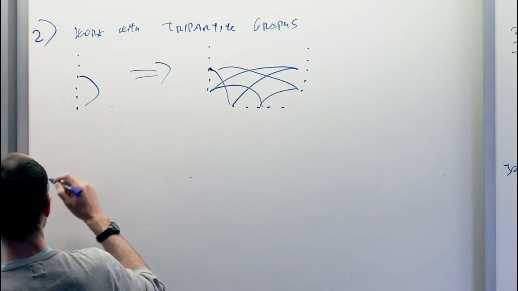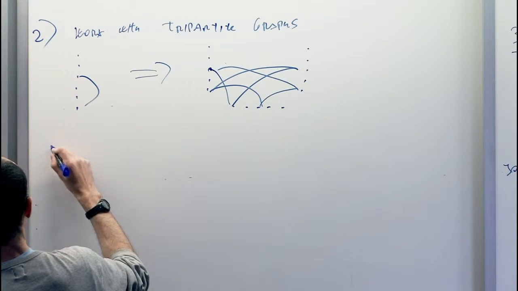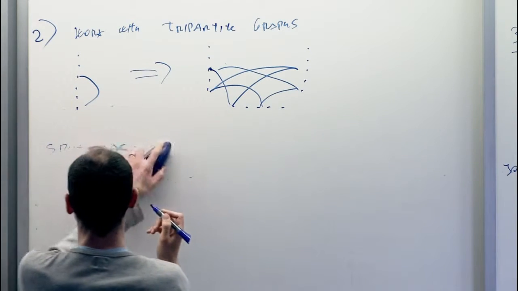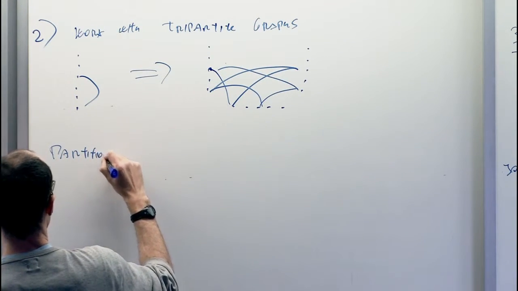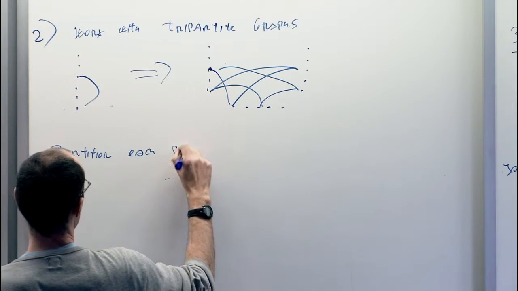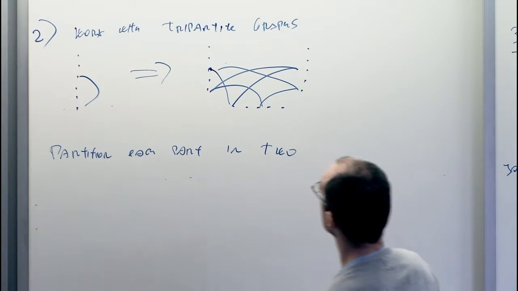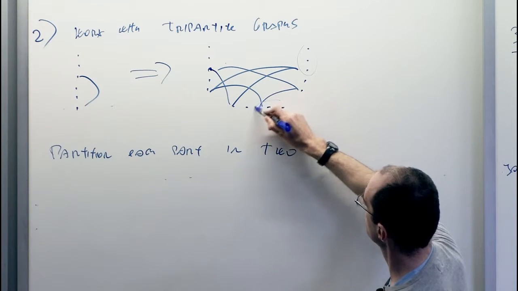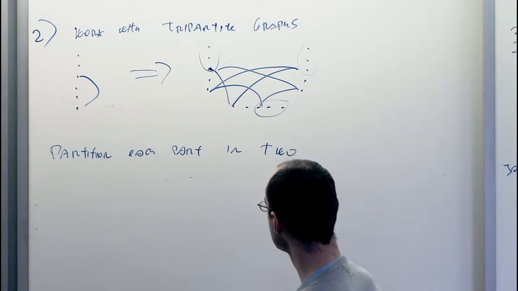So the approach is to use recursion. We are going to partition each part in two. I'm going to take a subset of the nodes here, a subset here, and a subset there.